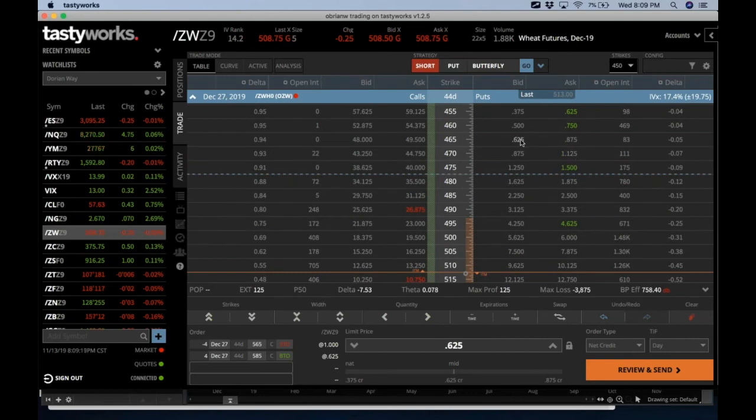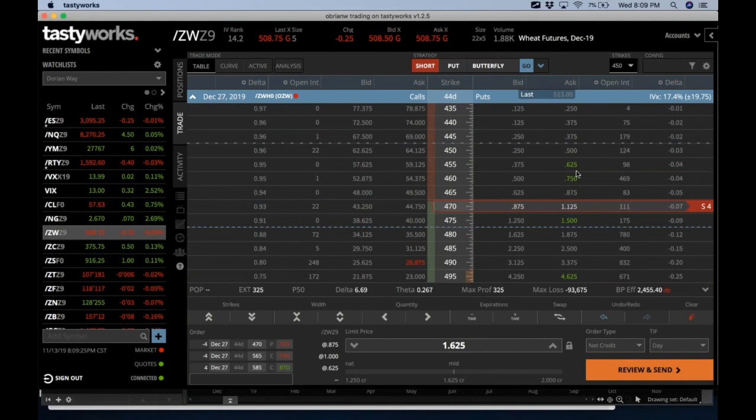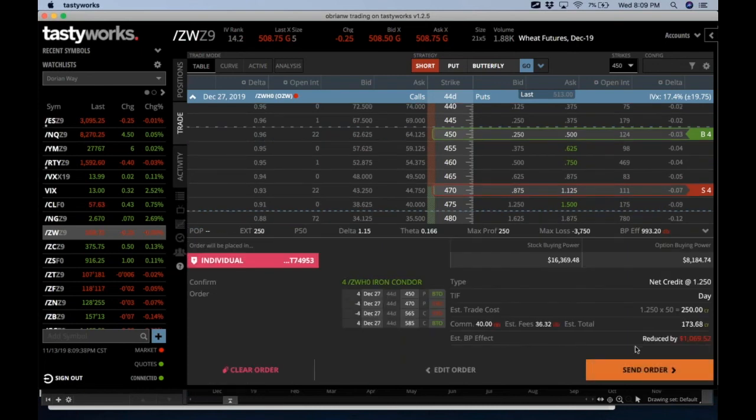Let's sell that 7 delta, and let's buy 20 points lower. And so the theoretical max loss is a little less, and we're getting a little bit more credit, obviously, but our buying power is $1,000. It's still more than 12%, but you can see it's requiring quite a bit there.